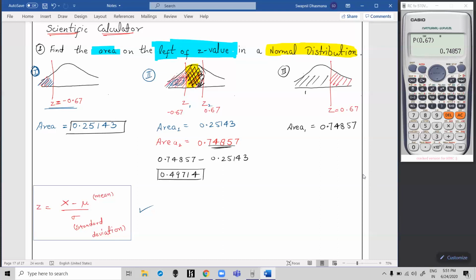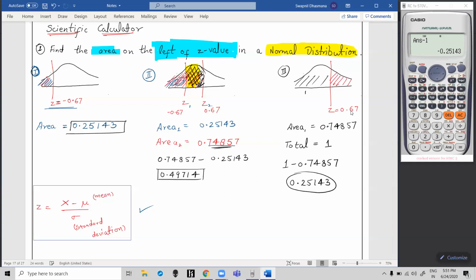Now, the total area of this curve is always 1. I simply have to subtract to get the area on the right hand side. So I can rewrite it as 1 minus this, or I can simply take the positive value because area cannot be negative. So 0.25143.